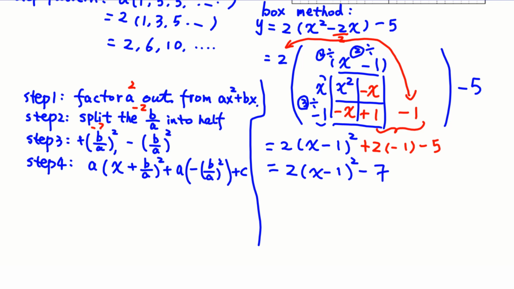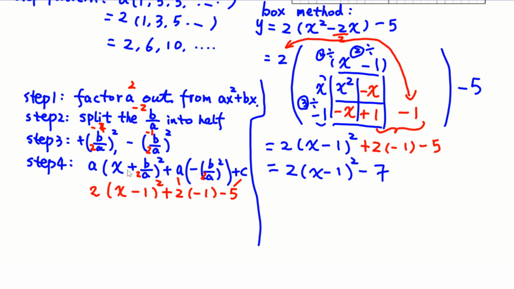We add -1 squared, then minus -1 squared. So the final answer is 2 bracket x minus 1 bracket squared plus 2 times -1, then c is -5. So that is the c value, a value, then b over a split into half, so it's b over 2a.